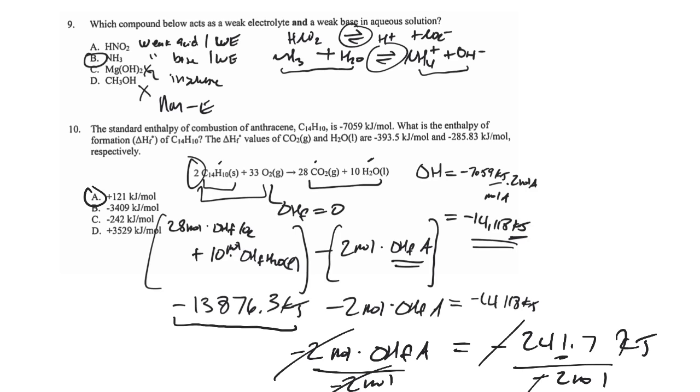Okay, so my sign goes away, plus 121 kJ per mole. Okay, so it's just products minus reactants, and it's just taking the delta H of the reaction and setting it equal to the products minus the reactants to solve for one of the unknown delta HFs in that problem.